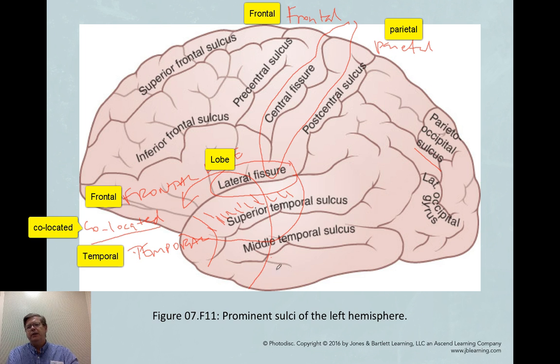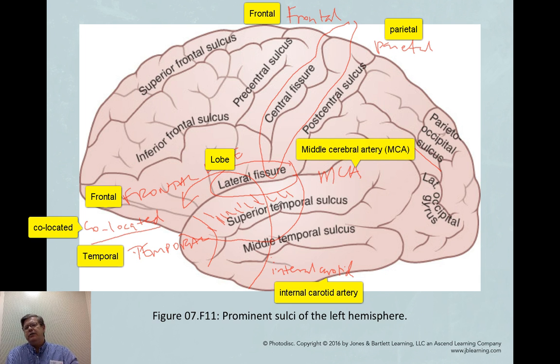The blood supply, particularly the internal carotid here, and the middle cerebral artery, MCA, this arterial system is vital for both the health of the temporal lobe and the frontal lobe.